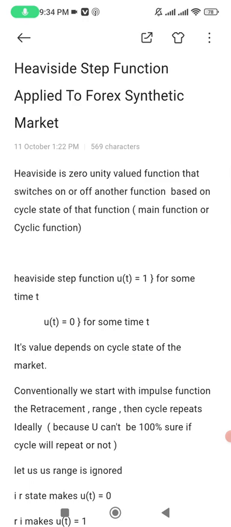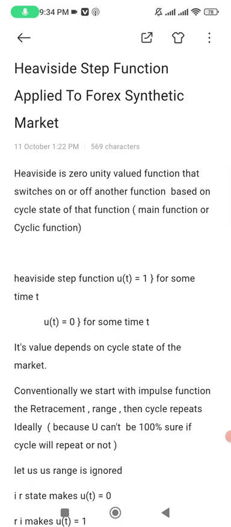So the function has to be periodic, and the Heaviside step function has to decide when the function is on or off. So we are going to switch on the price movement function whenever the retracement function is dead. So we want that cycle of price movement that is active when the retracement function is no longer active, when the retracement function is 0. That is the work of this Heaviside step function.